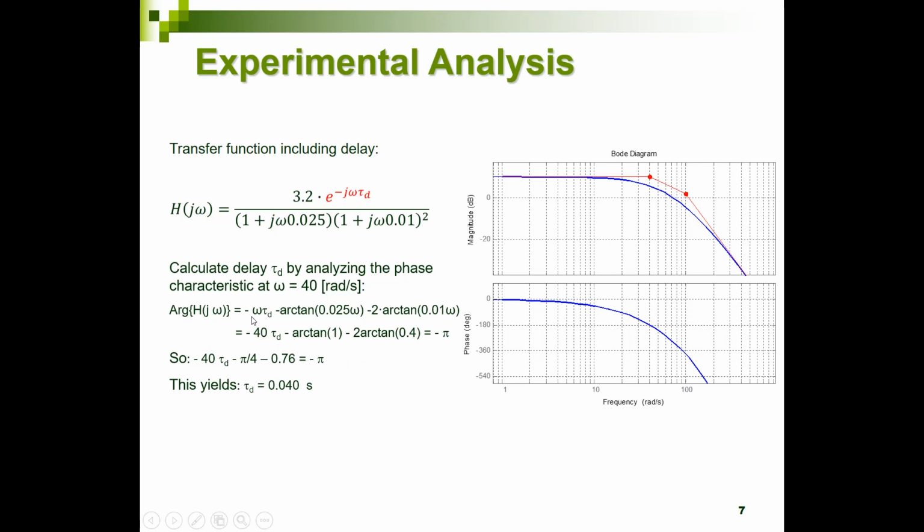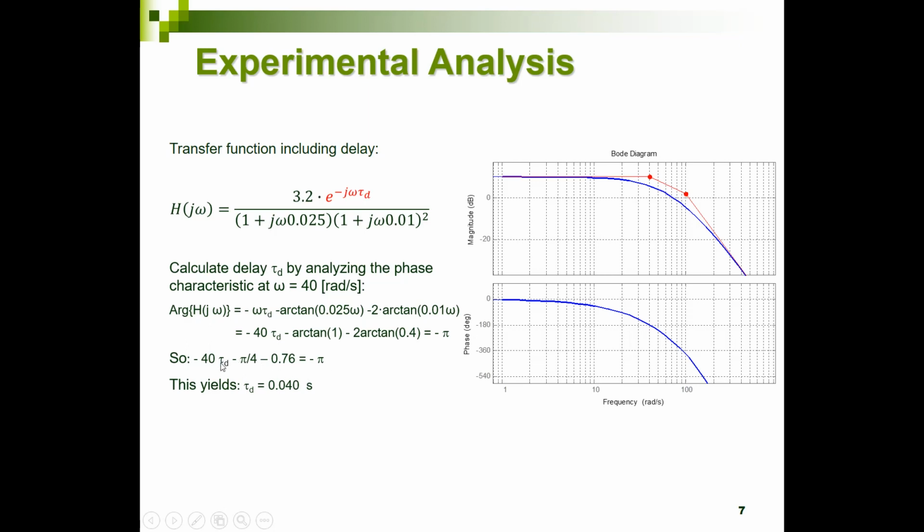So then we get minus 40 times tau d, minus the arctangent of 0.025 times 40, which is 1, minus 2 times the arctangent of 0.01 times 40, which is 0.4, has to be equal to the phase of minus pi radians. Well, we can calculate it. Minus 40 times tau d, minus the arctangent of 1, which is pi over 4, minus 2 times the arctangent of 0.4, which is 0.76, equals minus pi.